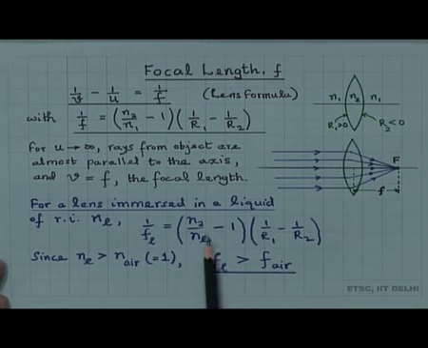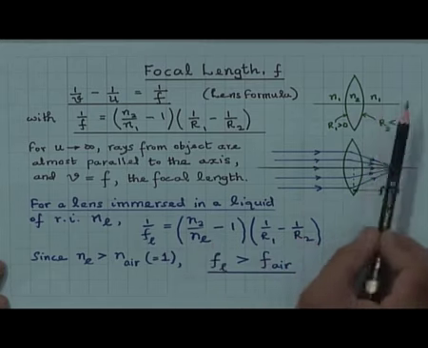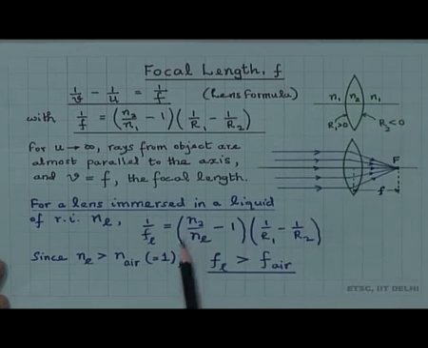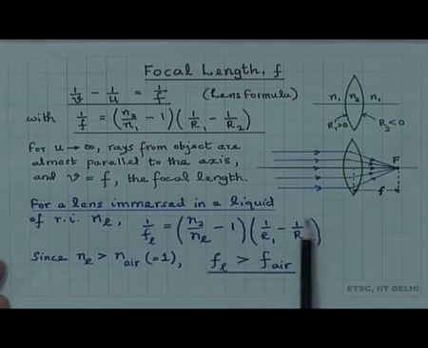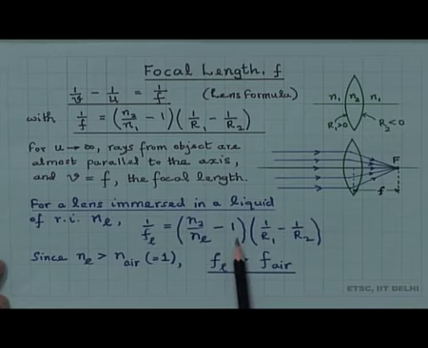Now, note that NL is greater than that of air. If n1 is air outside, it is 1, but the liquid has a refractive index greater than air. So NL is greater than n air, and therefore the focal length in liquid is greater than the focal length in air, because NL is greater than 1 and this difference is now smaller. Therefore, this quantity is smaller compared to the case of air.